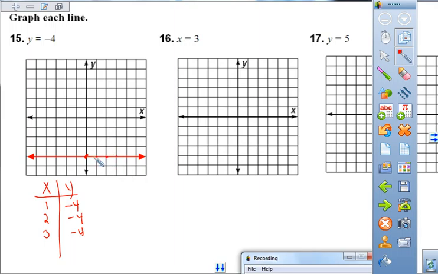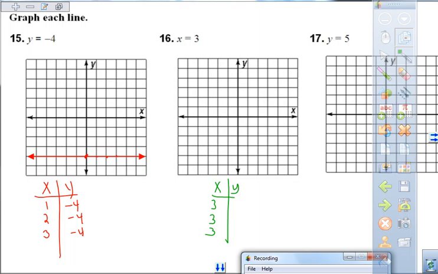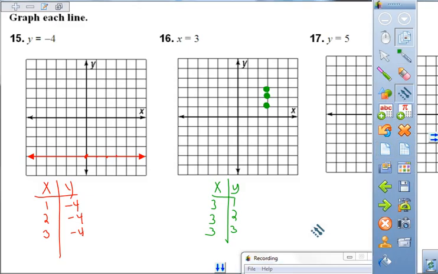So here's the graph that we're looking for, where every coordinate on that line is going to have a y value of -4. In number 16, if we were to make a table, we want every x value to be 3. So then if we plug in some numbers, the points would fall on our line like below, and our graph would look like the green line.